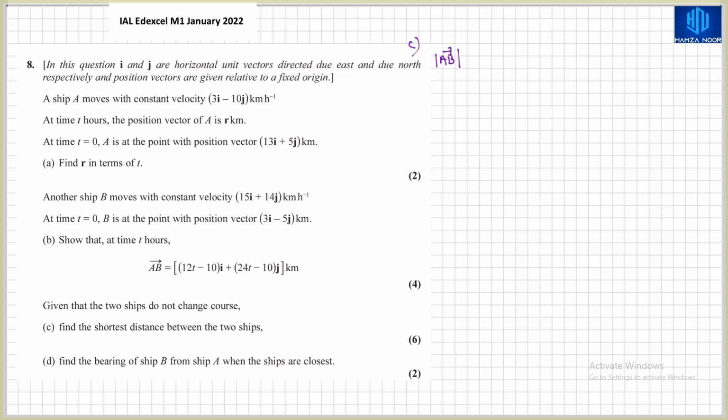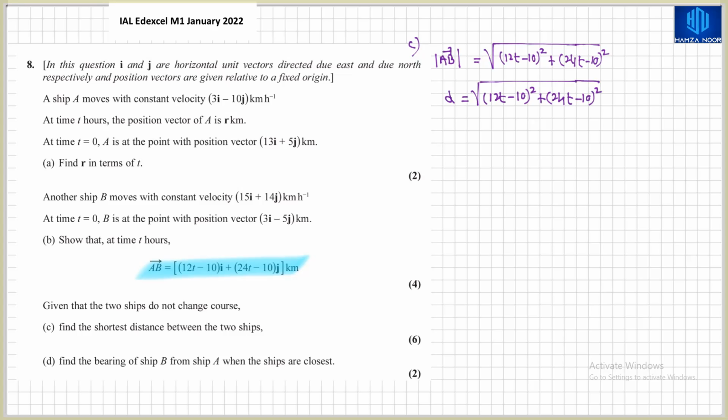And since we know that AB vector is 12t minus 10 into i plus 24t minus 10 into j, in order to find the magnitude of the AB vector, square root of 12t minus 10 whole squared plus 24t minus 10 whole squared. So we can say that the expression for the distance between A and B is under root of 12t minus 10 whole squared plus 24t minus 10 whole squared.